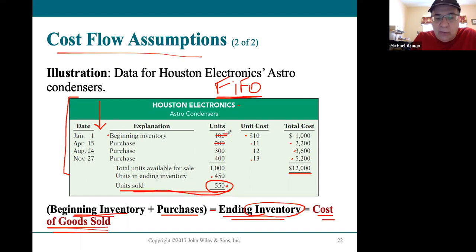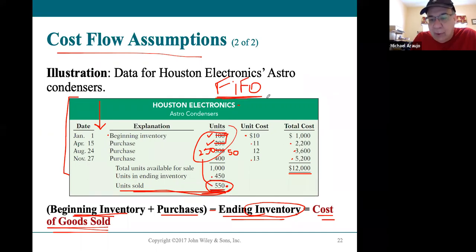So 100 from January, 200 from April means we have 300 sold. We need to find 250 more, and they're going to come from here. Okay. So there's only 50 of these left in the store because the other 250 we sold. So we sold these 100, we sold these 200, and we sold 250 of these. This is the 550 we sold, okay?